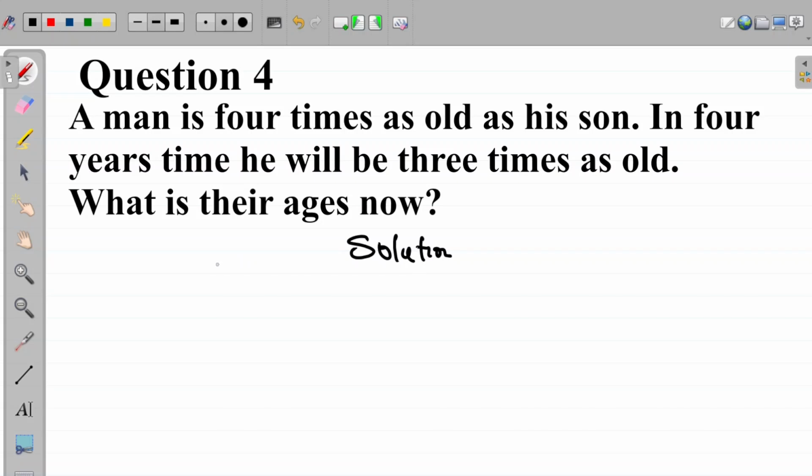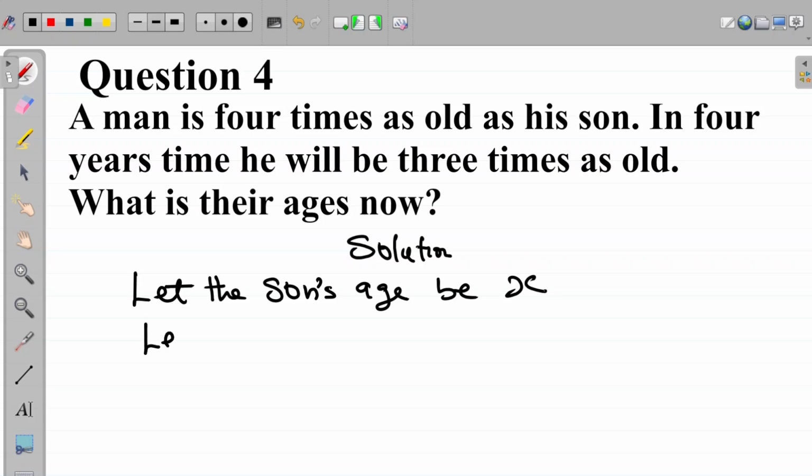So it said a man is 4 times as old as his son. So first of all, let the age of the son be x. So let a man's age be 4x, because the man is 4 times as old as his son.